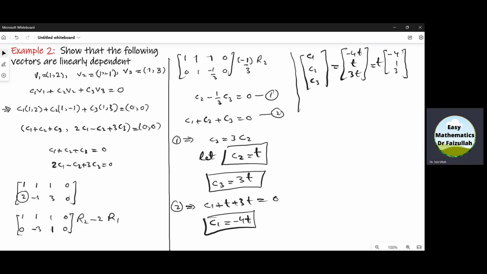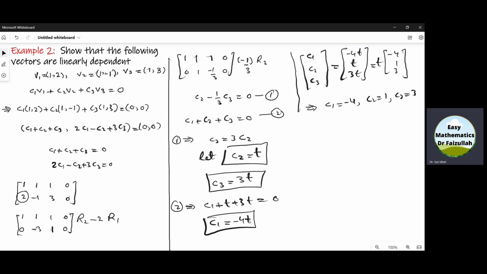So for any non-zero real number t, we have different solutions of this system. So we can see that the values of C1 and C2 and C3 are non-zeros. So this implies that one solution of this system is C1 is equal to minus 4, C2 is equal to 1, C3 is equal to 3.